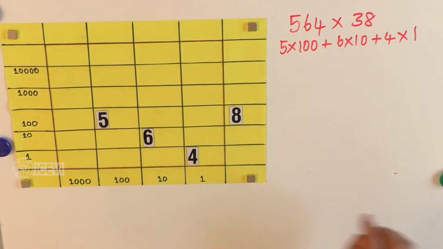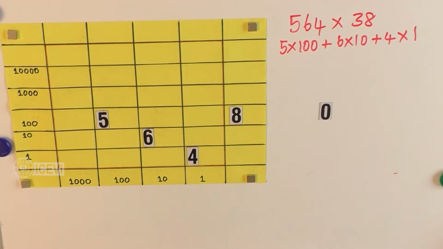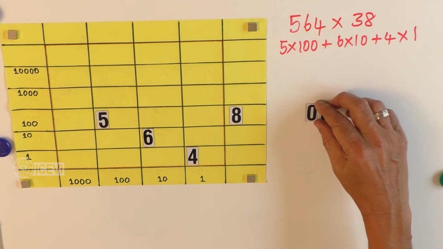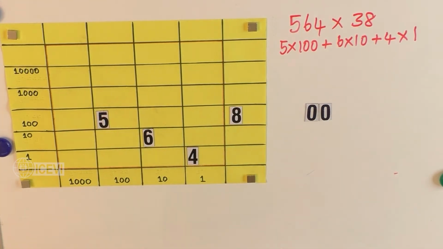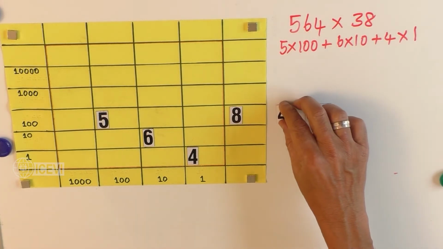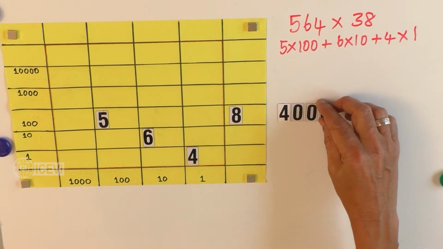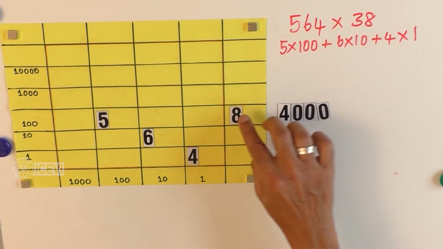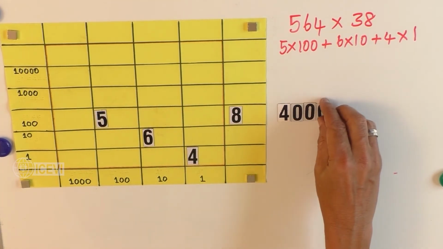So you start with 2 zeros in the multiplication. Now you multiply 8 with 5. When you multiply 8 with 5, you get 40. So that means 8 multiplied by 500 is 4000.